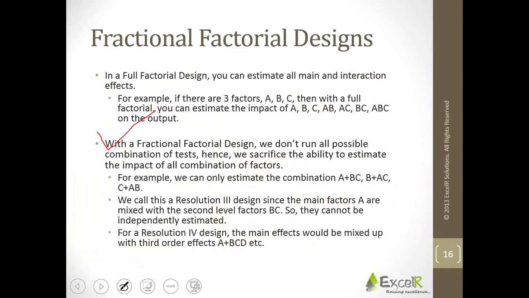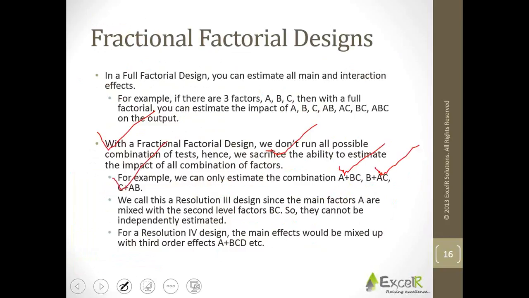Then let us look at fractional factorial design. We don't run all possible combinations of tests because we know we are going to waste a lot of time. So we sacrifice some ability to estimate, and then we do only a fraction of the full factorial design. For example, we can only estimate the combination A along with BC, B along with AC, and C along with AB.